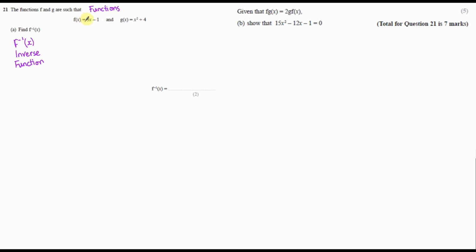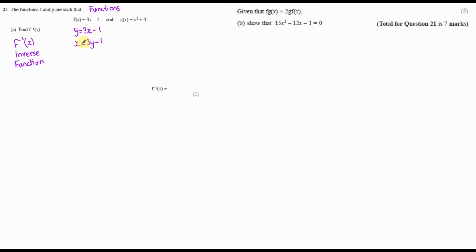Now a useful way to do this is to first rewrite that as y equals 3x minus 1, and what you want to do is substitute y for x and x for y, so switch those over, and you get x equals 3y minus 1. And when you make y the subject now, you will have found the inverse function.